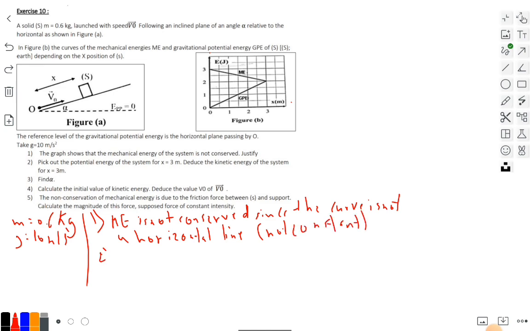Part 2. Pick out the potential energy of the system for x equal 3 meter. For x equal 3 meter, the potential energy is equal to 2 joules. Deduce the kinetic energy of the system for x equals 3 meter.